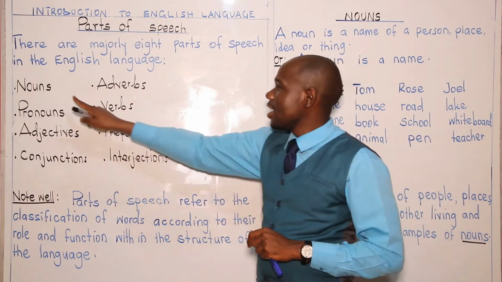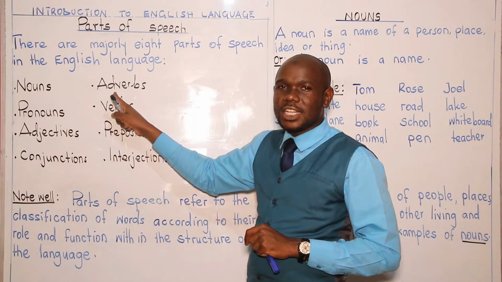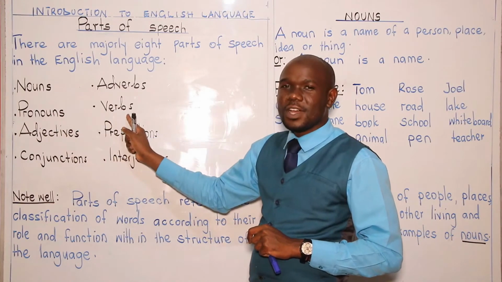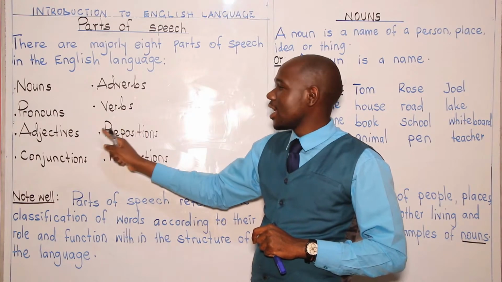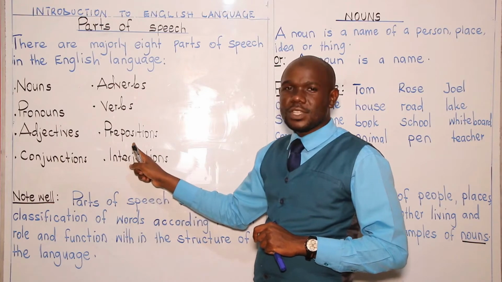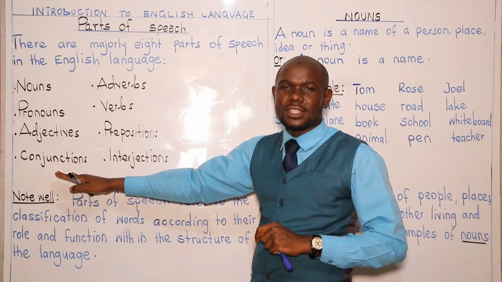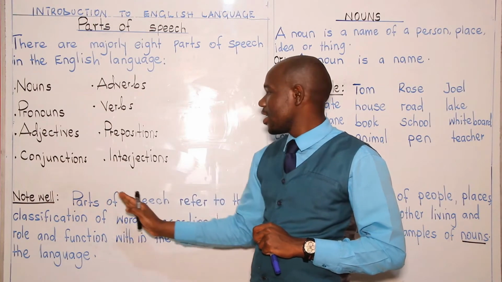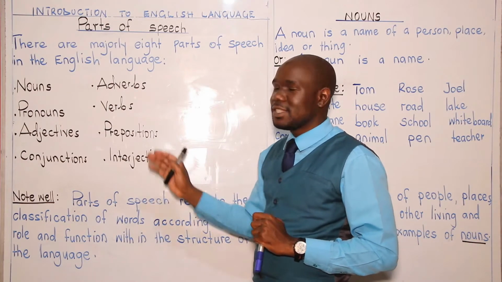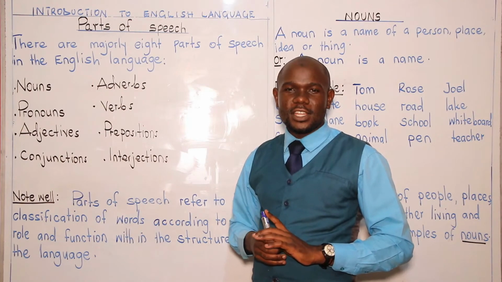We say nouns, adverbs, pronouns, verbs, adjectives, prepositions, conjunctions, interjections. These are the 8 parts of speech that we have in English language.